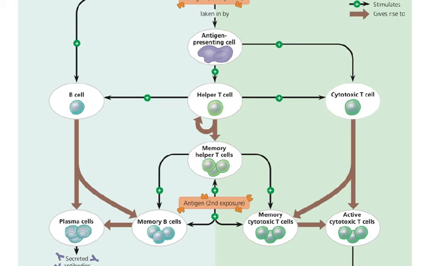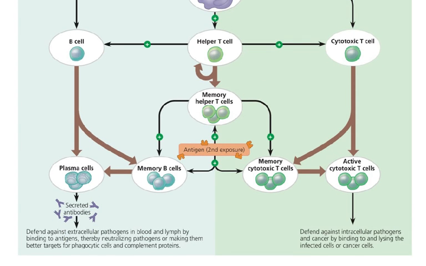The helper T cell is going to go and activate these other things. It's going to activate here, and it's going to activate here. And the helper T cells are going to reactivate themselves and make more memory T cells. And all these responses are going to combine in order to neutralize the pathogens and in order to kill your infected cells.